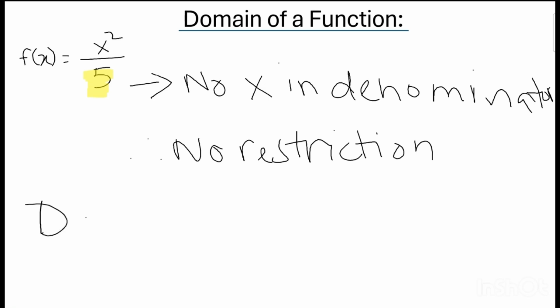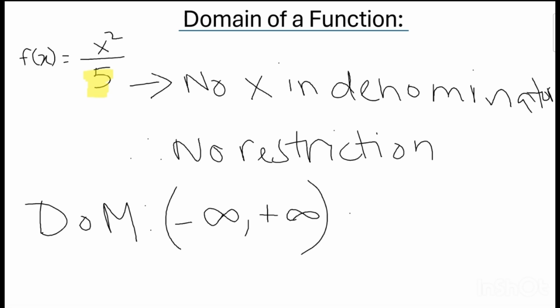In this case, the domain will be all real numbers. If you want to write it in interval notation, we will write parentheses negative infinity to positive infinity, parenthesis closed. Or you can also write all real numbers.